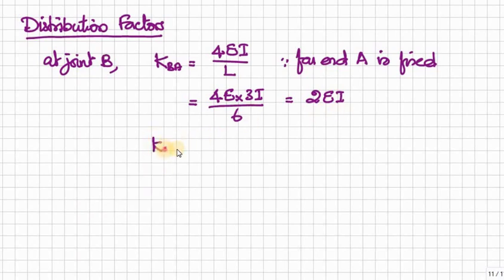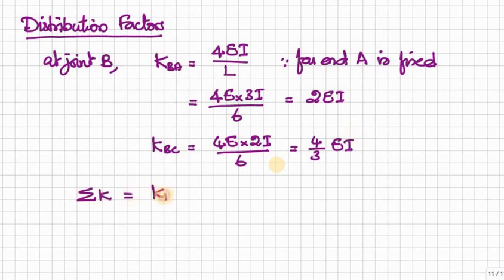Similarly, KBC is equal to, here also the far end is fixed, therefore the same formula 4EI by L, but I here is 2 times I, so it is equal to 4 by 3 into EI.